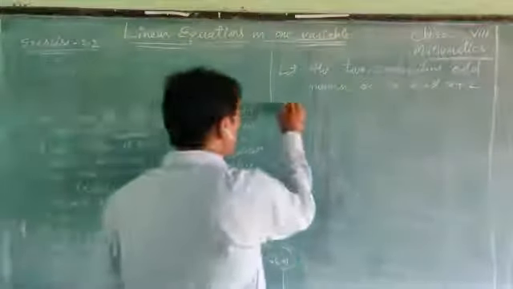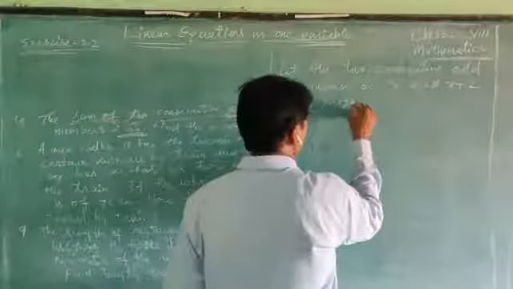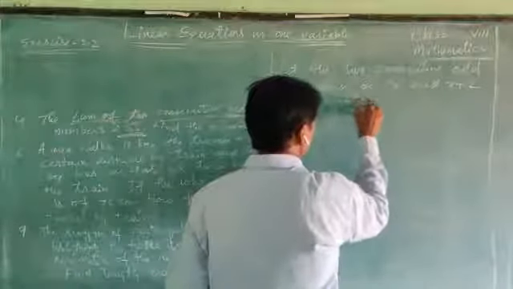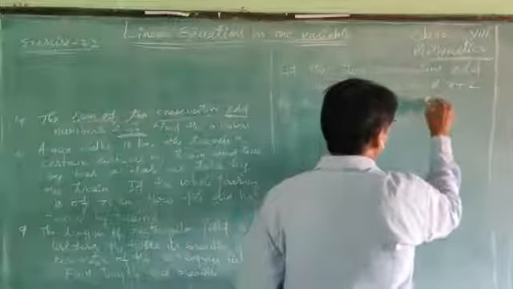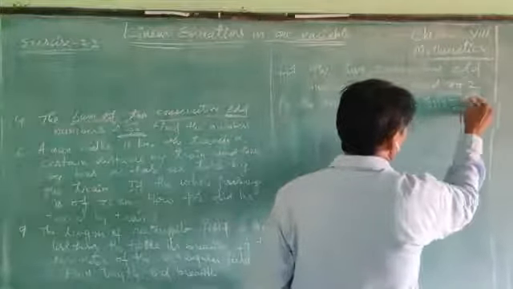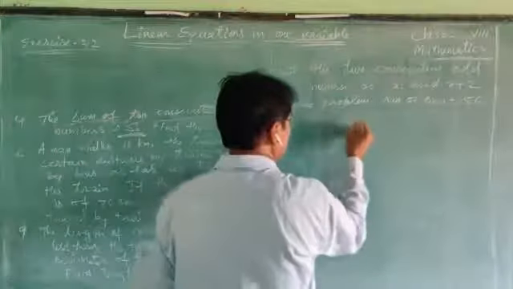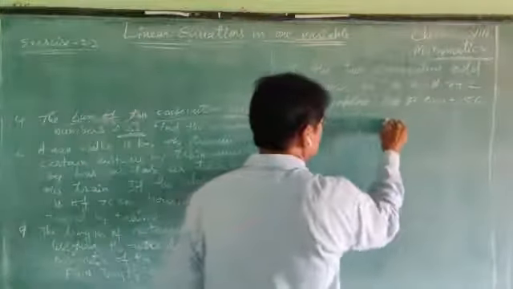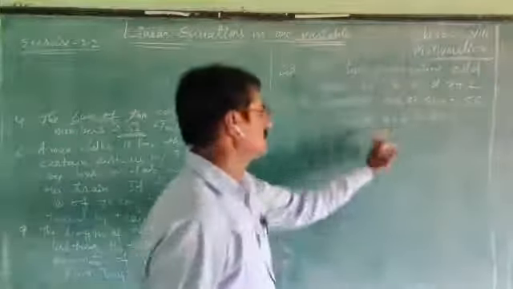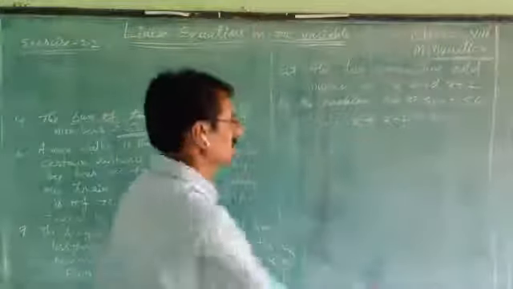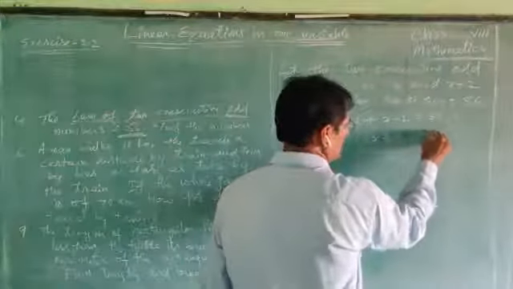So by the problem, the sum of them is equal to 56. Therefore, we can write x plus x plus 2 equal to 56. Sum of these two numbers equal to 56. x plus x, 2x plus 2 equal to 56.